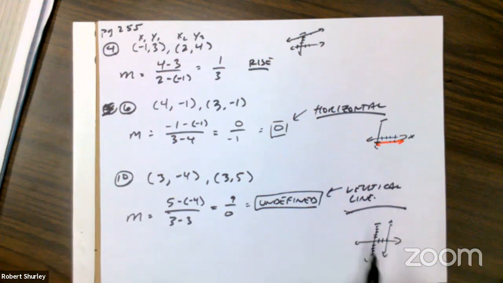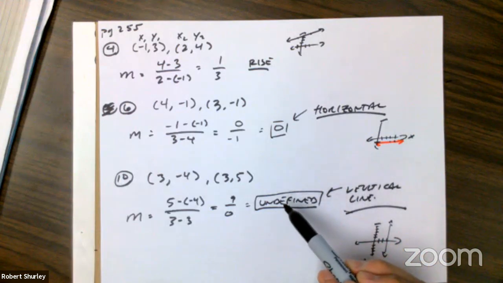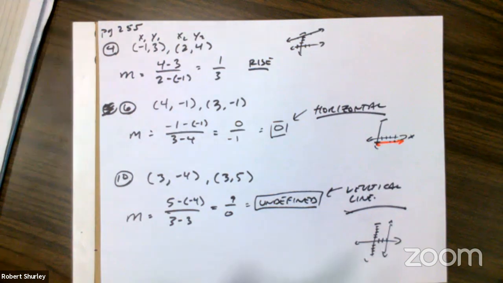That is not a function, right? It does not pass the vertical line test. We go over it one time and we see it crosses an infinite amount of times. So don't worry about it too much in this section, but understand if you wind up with a slope of undefined, we're dealing with a vertical line. Slope of 0 though, horizontal. Okay. Questions before we just keep rocking and rolling?